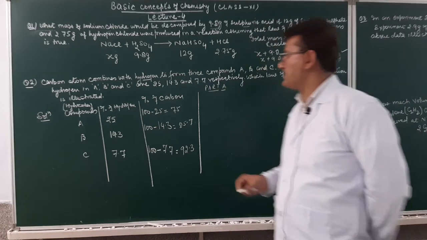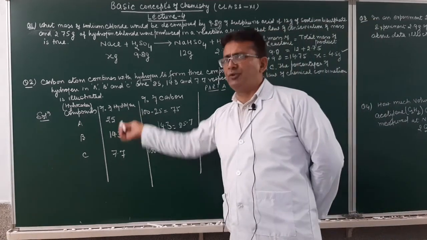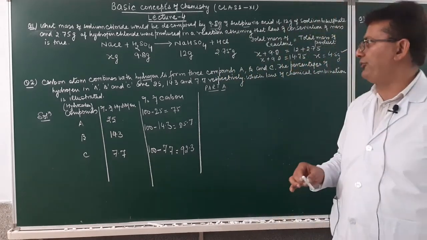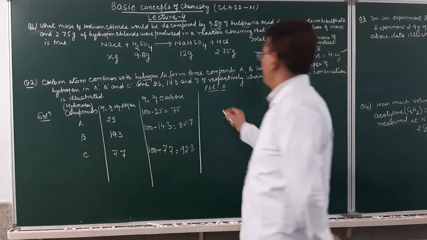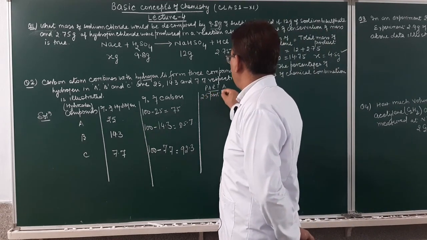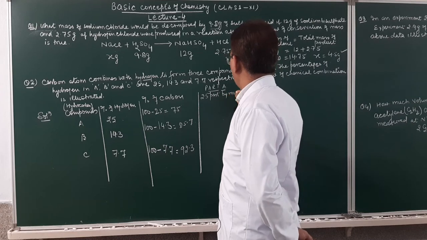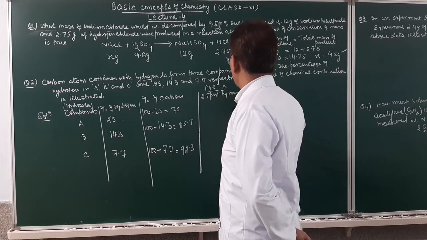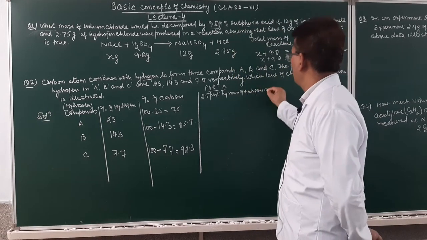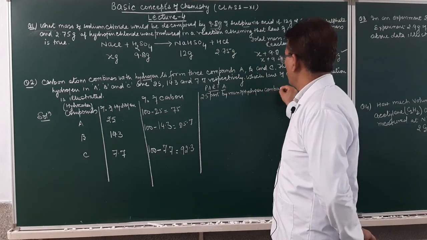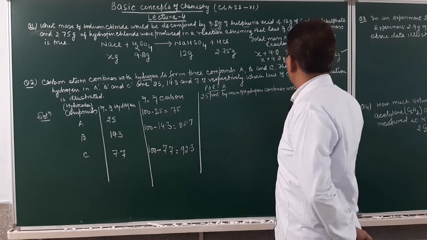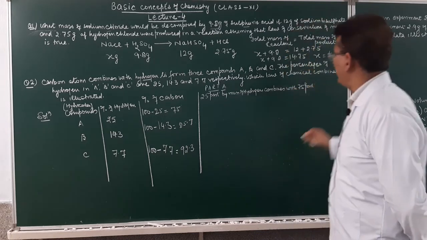In part A, 25 parts by mass of hydrogen combines with what? 75 parts by mass of carbon. So 25 parts by mass of hydrogen combines with 75 parts by mass of carbon.